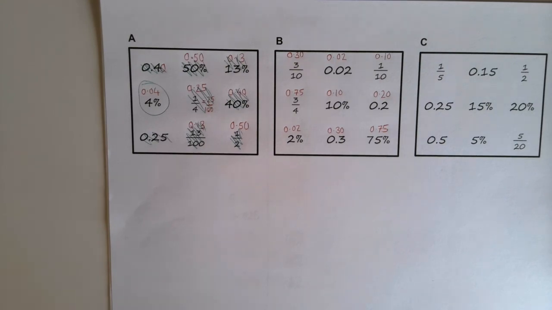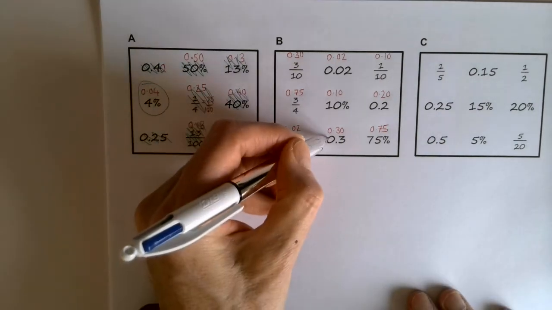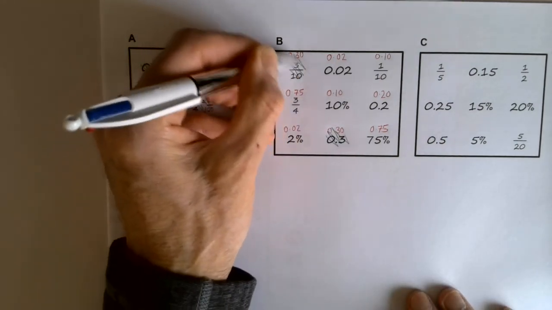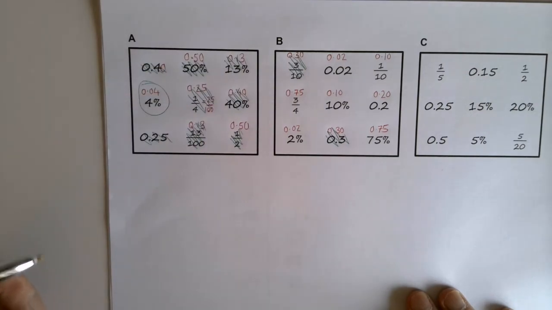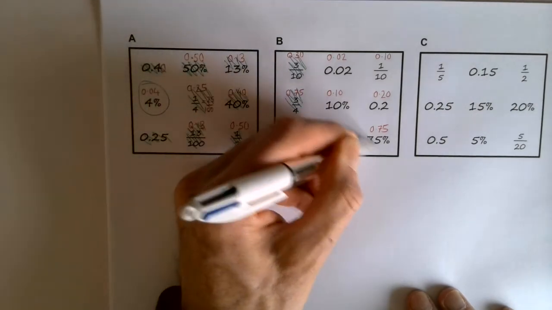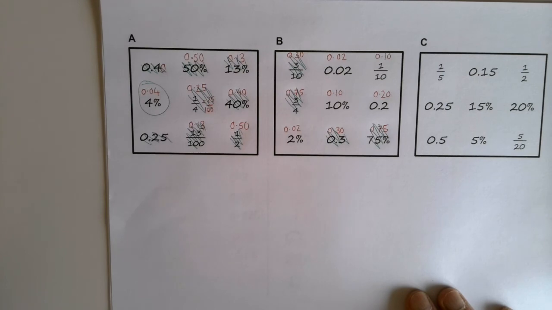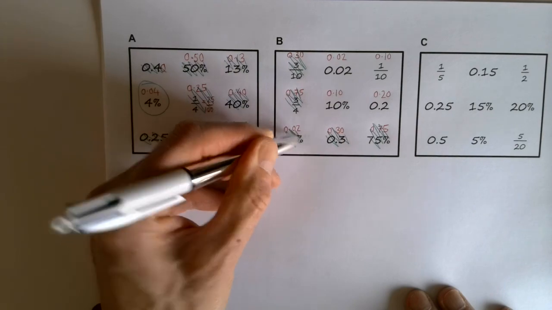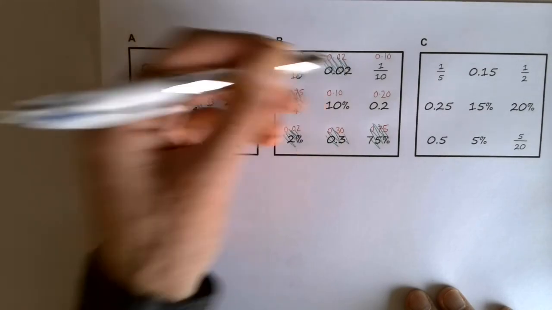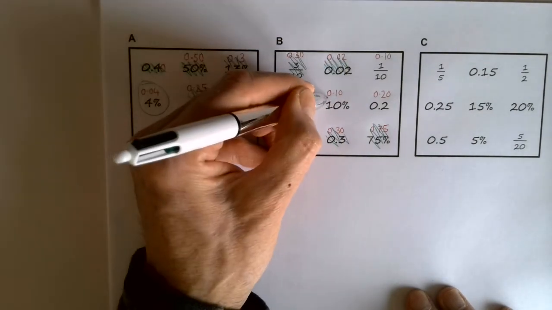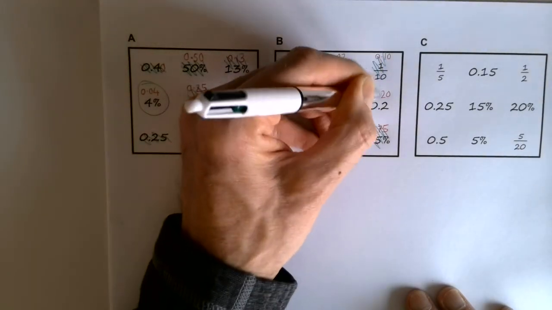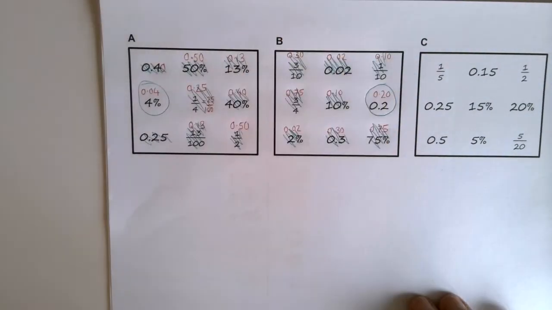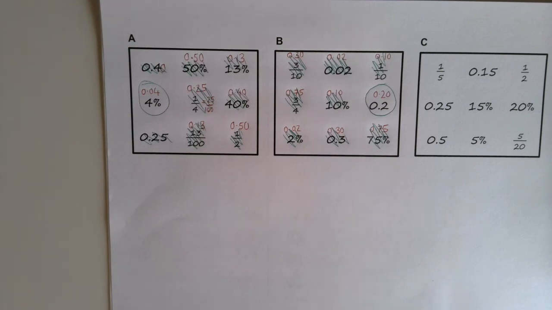So hopefully you were able to then pair them up. So I've got 0.3 and 3/10. I've got 3/4 and 75%. You could probably pair that one up without having to do any decimal work at all. 2% and 0.02. 10% and 1/10. So there's my poor little odd one out.